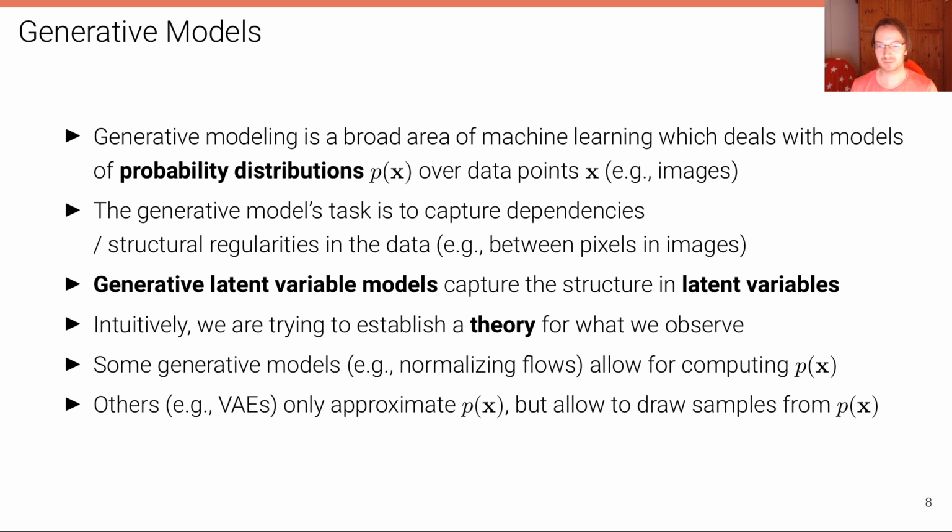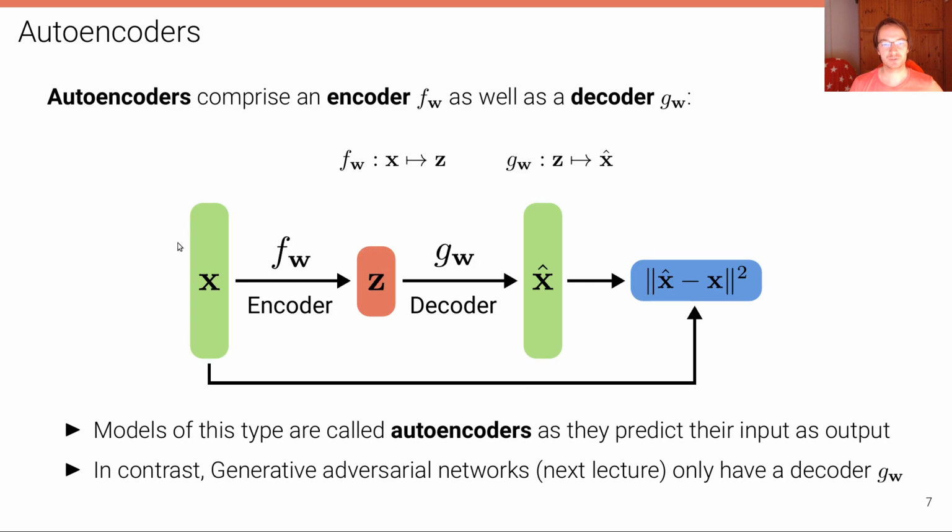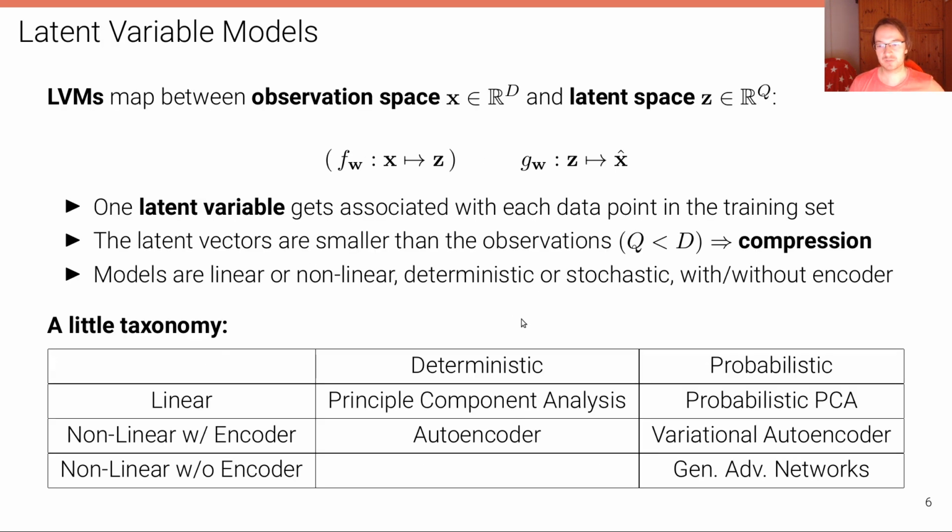And we're going to refer to generative latent variable models, to the models that capture the structure in latent variables, but at the same time they are probabilistic. In contrast to autoencoders, this mapping F and this mapping G is not a deterministic one, but it's modeling a probability distribution, as we'll see in the last unit of this lecture. And models of this type are these models here that we have here on the right.